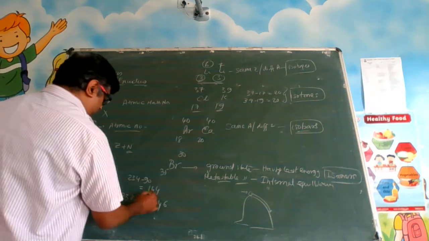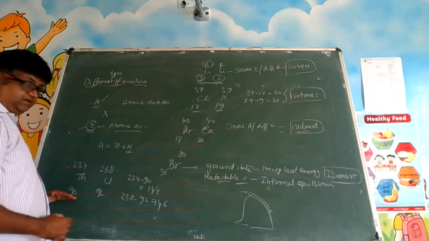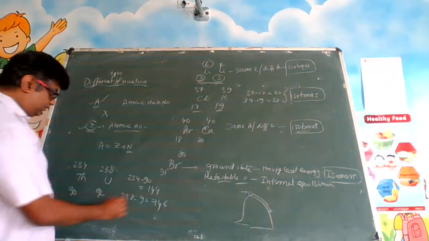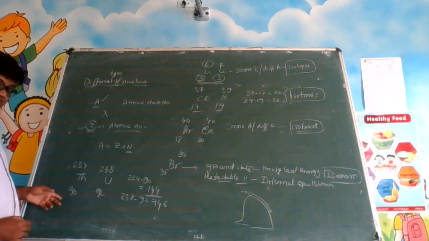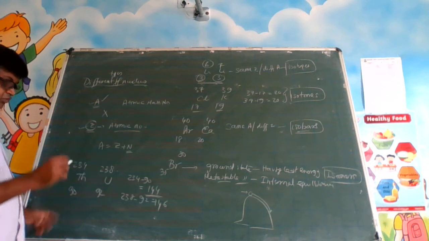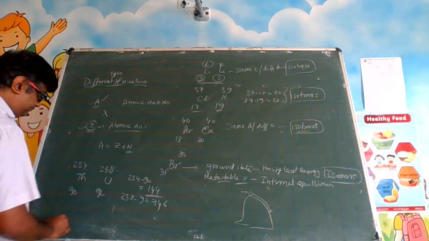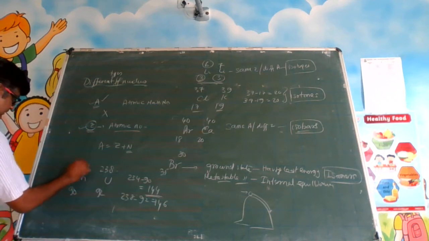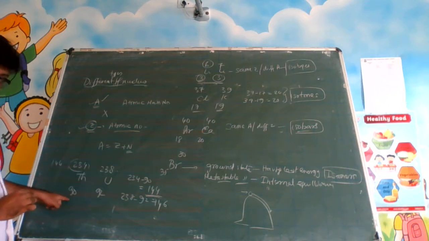Okay. Now you calculate the excess. See, this is the number of protons and this is the number of neutrons. So neutrons are in excess of the number of protons. How many excess neutrons are there? If you consider thorium, neutrons are 144. So neutrons are more than protons.